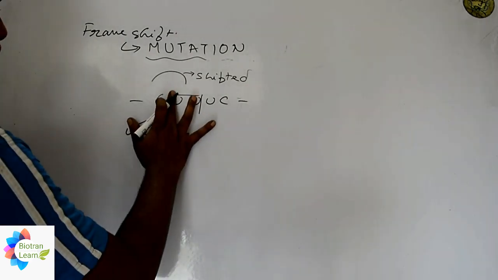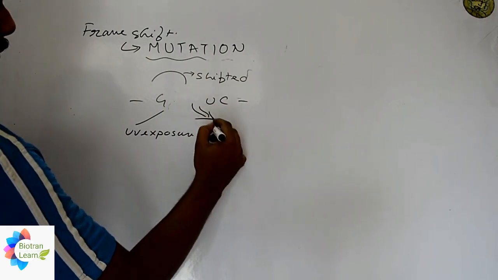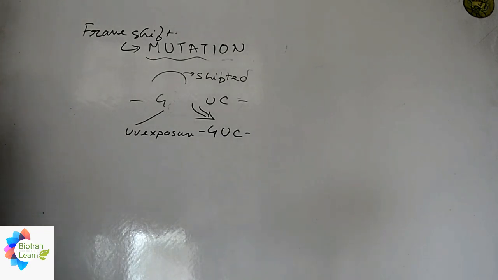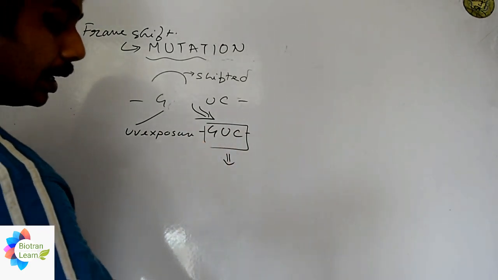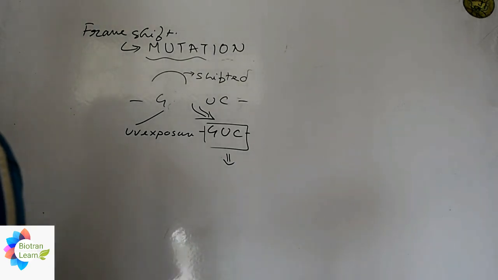What would happen? It will form GUC, and that particular GUC will produce another kind of amino acid, right? So GUC produces a different codon that is also valine.